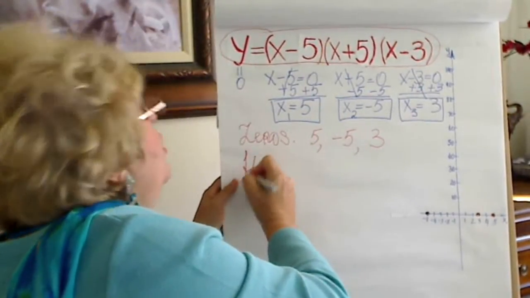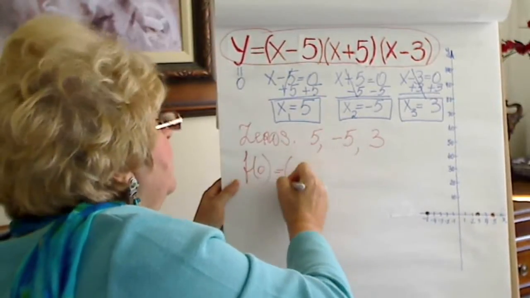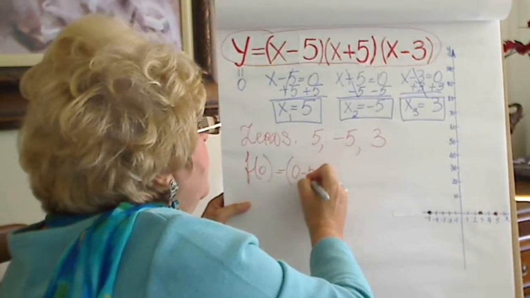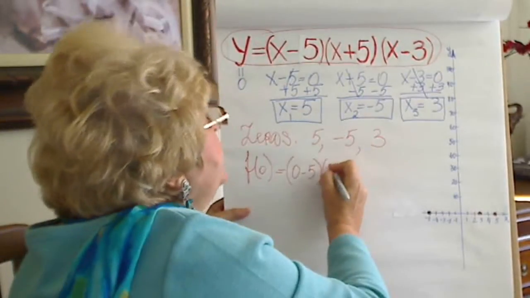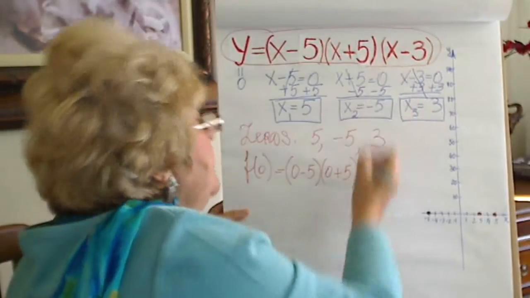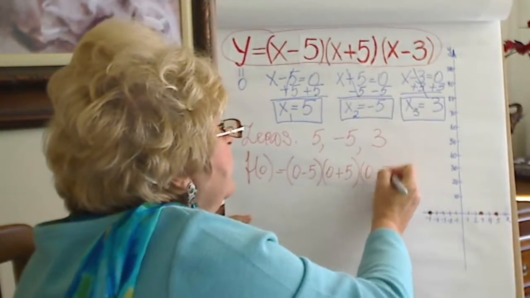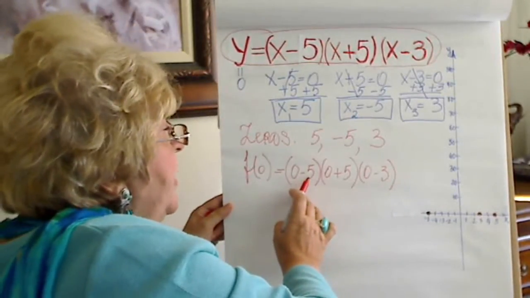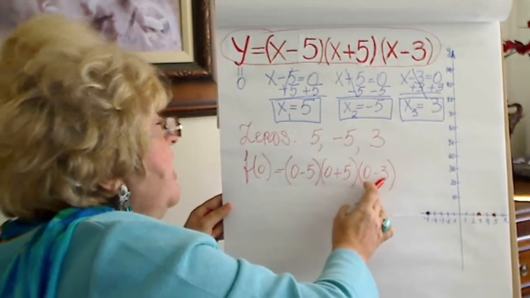The function of 0 will be 0 minus 5, 0 plus 5, and 0 minus 3. 0 minus 5 is negative 5, 0 plus 5 is 5, and 0 minus 3 is negative 3.